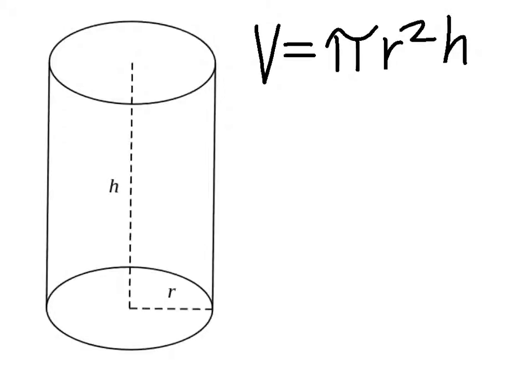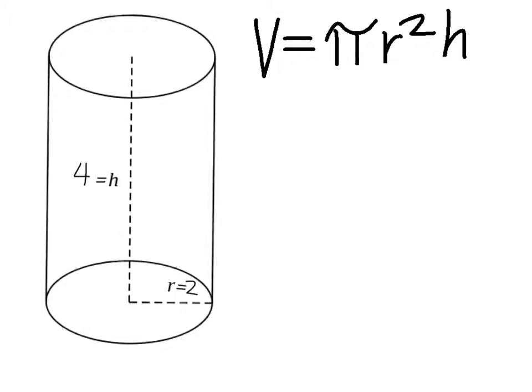Alright, we want to find the volume of a cylinder. The formula for the volume of a cylinder is pi times r squared times h. Everyone know what pi is? 3.14. 3.14, that's right. And there should be a button for it on your calculator too. Okay, so if h is equal to 4 and r is equal to 2, we want to find the volume.